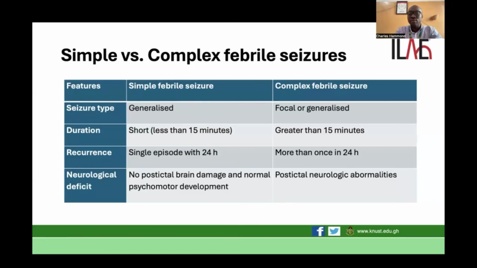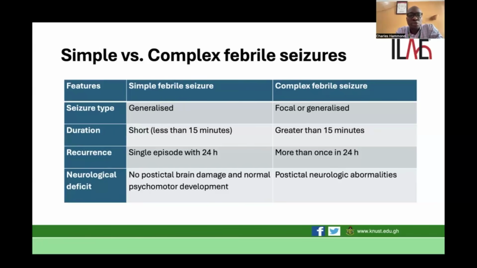And then the complex febrile seizure also tends to have post-ictal neurological abnormalities, including Todd's paralysis. What is important here is that if you have just one of the features describing the complex febrile seizure, it makes the seizure a complex febrile seizure. So you may have a generalized seizure.